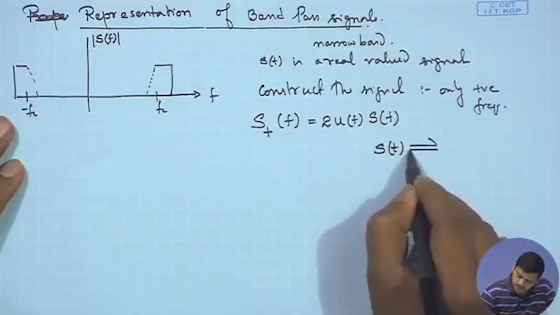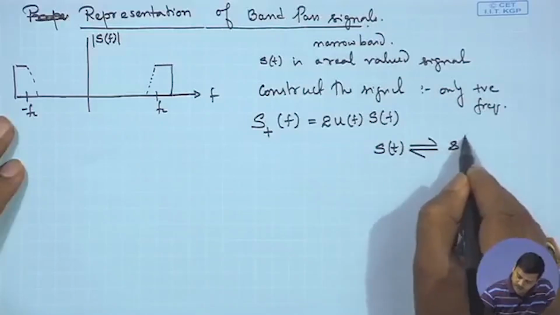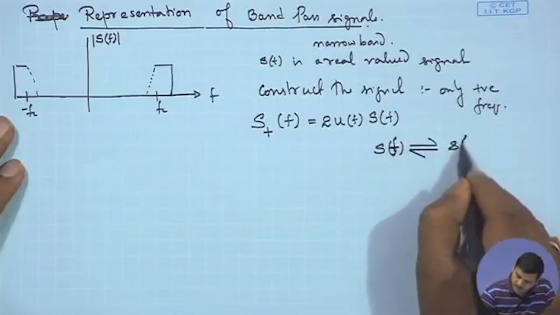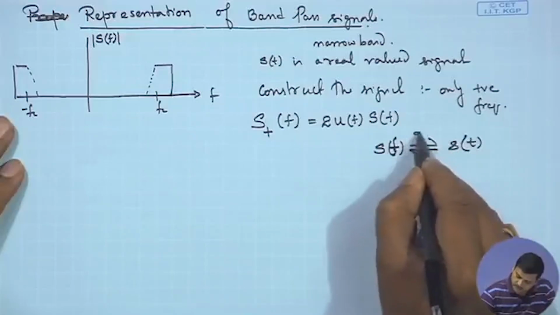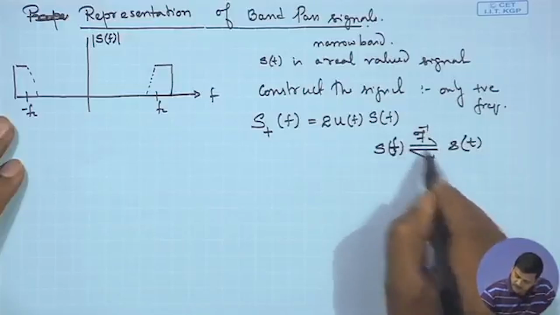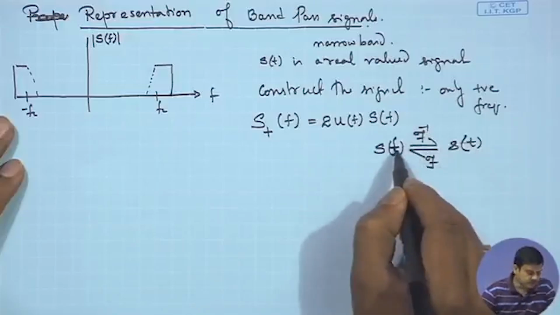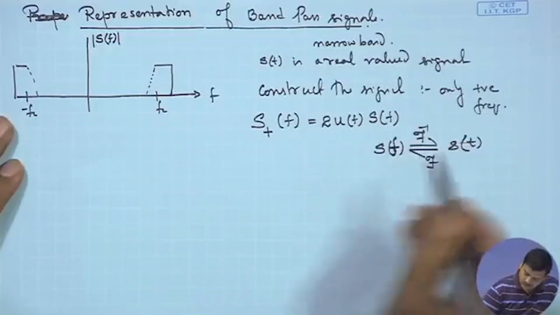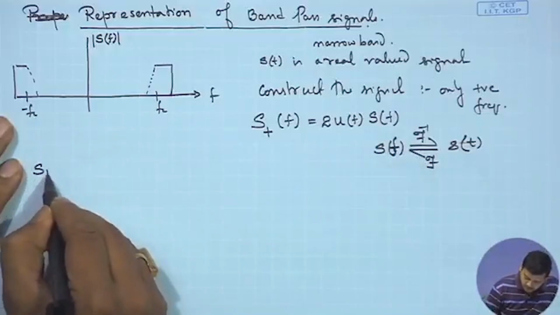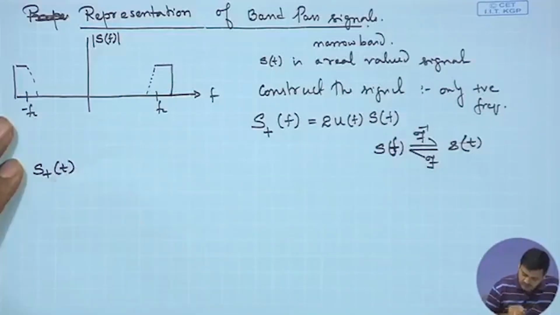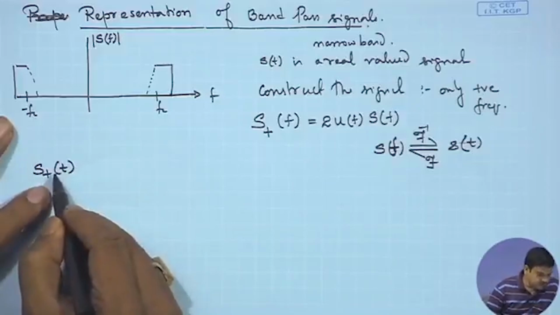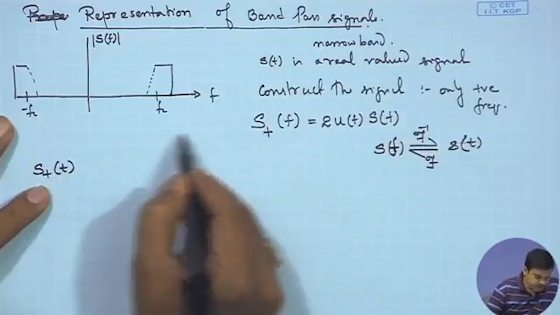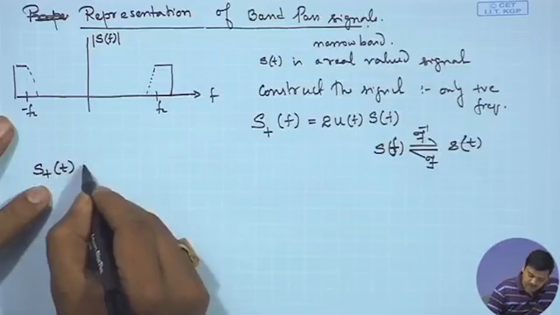And of course, we have the relationship that S of f is related to s of t via the Fourier relationship. This is the inverse Fourier, this is the Fourier transform relationship. So, we need to look at what is S plus of t. S plus of t we obtain by taking the inverse Fourier of S plus of f.